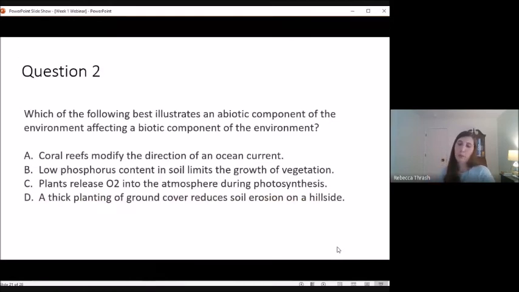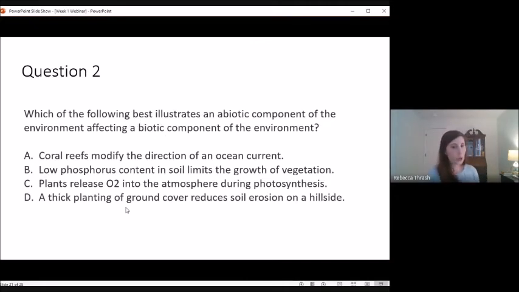All right, question 2. Which of the following best illustrates an abiotic component of the environment affecting a biotic component of the environment? So just to be clear, we're talking about something that is non-living and density independent. And here we're talking about things that are living and definitely density dependent.